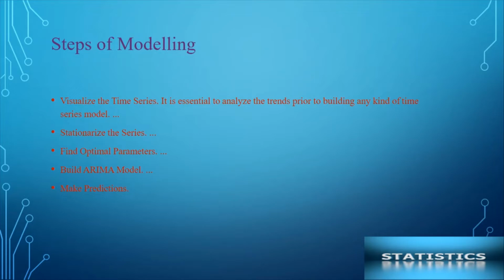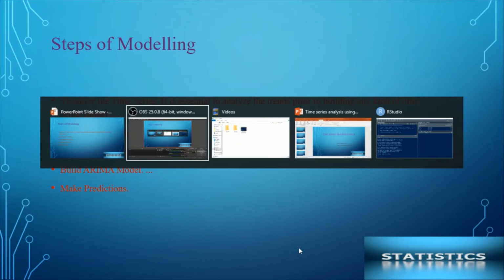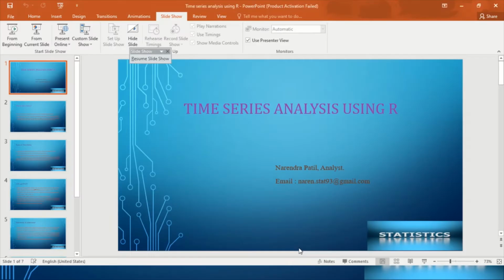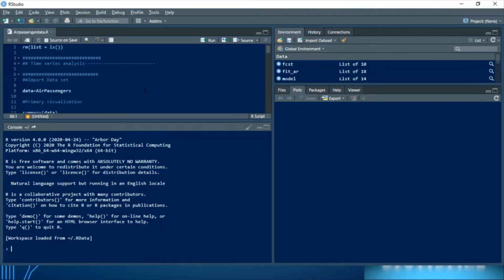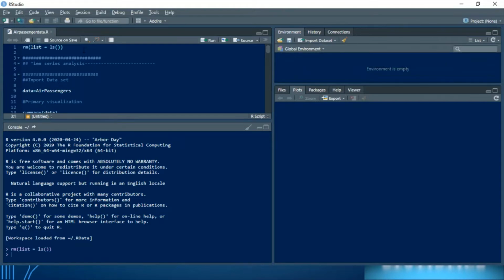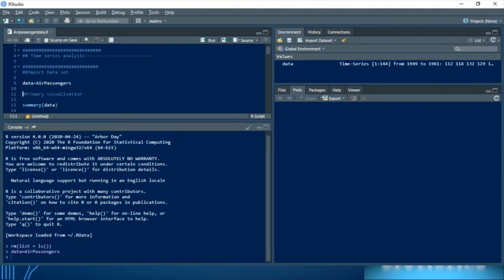So let's start with an example and see how actually we can build a model. This is our software, and we are going to see how to actually predict with the model. I have imported the data set which is already stored in our software, which is the air passenger data set.